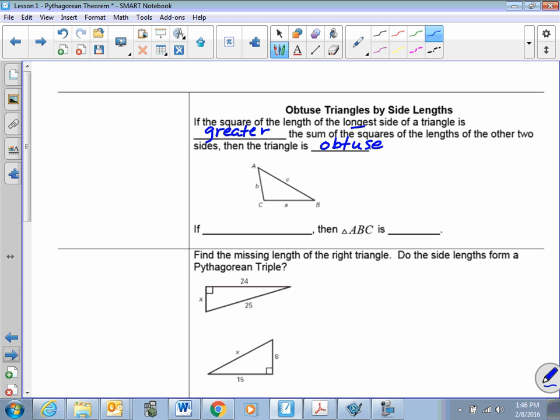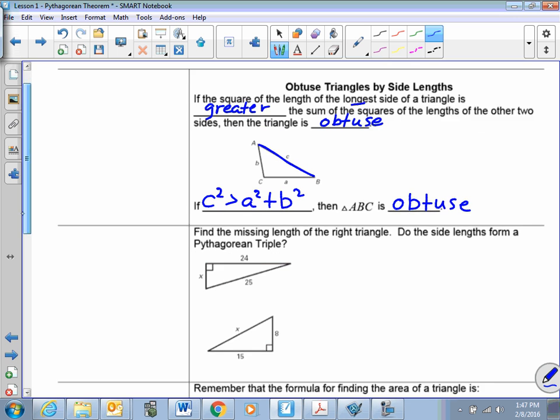And if you think about it, as this side c gets longer and longer, then that angle C is going to get larger and larger. So try to think of it that way if you're having trouble remembering. So if c squared is greater than a squared plus b squared, then triangle ABC has to be obtuse. Okay, so let's do some practice.